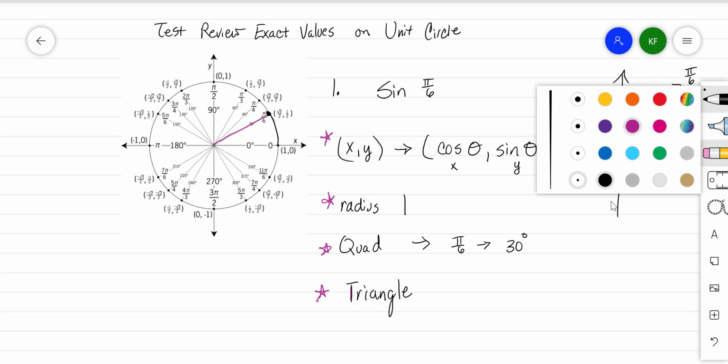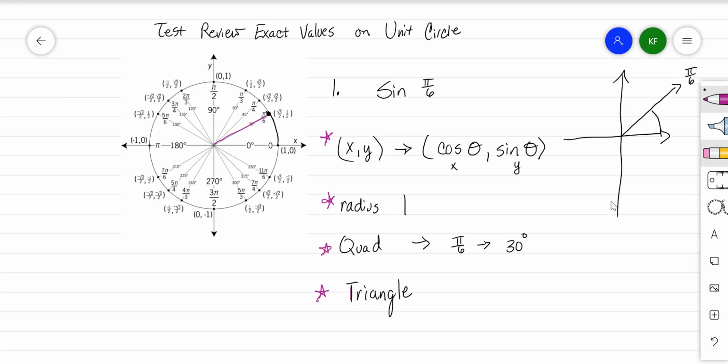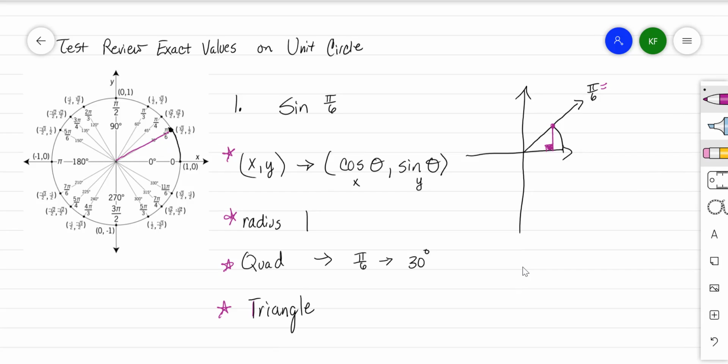Then could you go ahead and make me a triangle? From the point, could you drop down to the x-axis and make a right angle? Since I know this is pi over 6, I know the reference angle is 30 degrees. You are teaching me as if I didn't know anything. So 30 degrees here, and that's the reference angle.